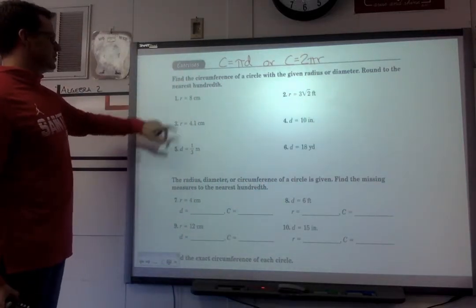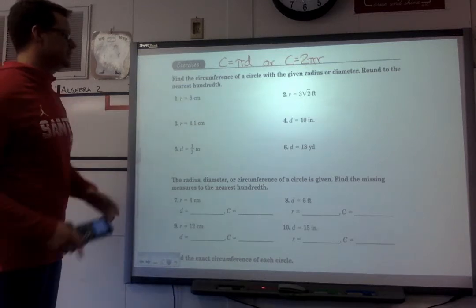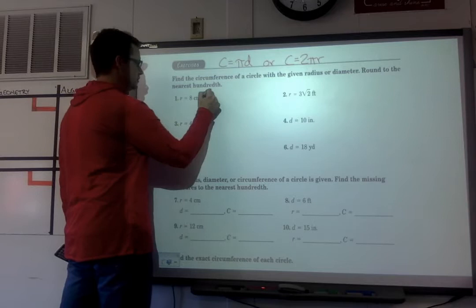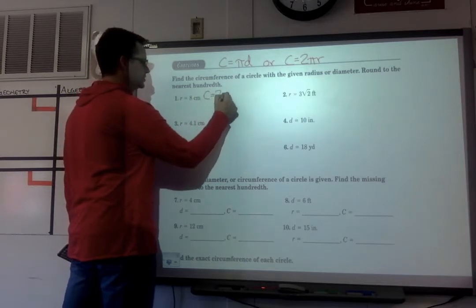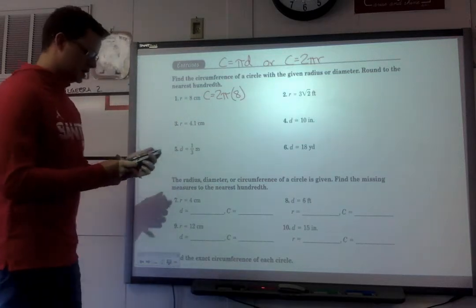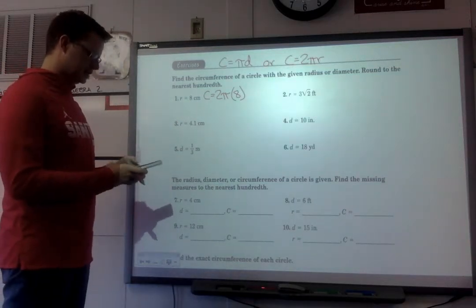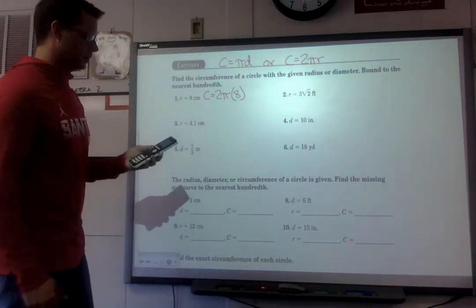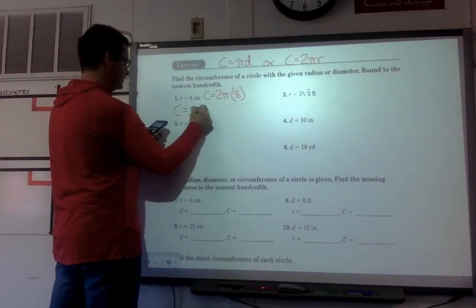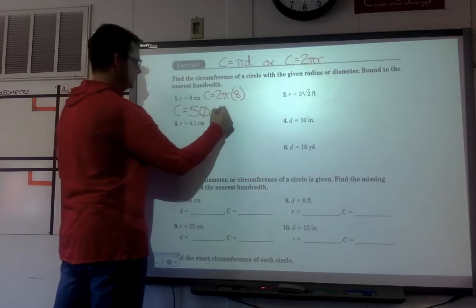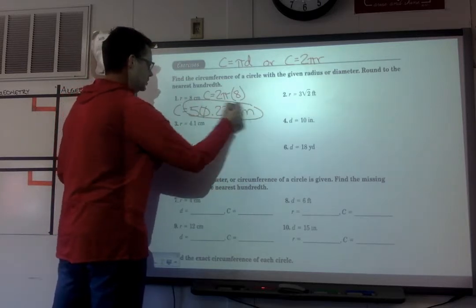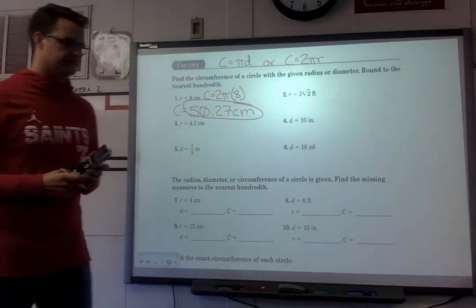If r, the radius, is 8 centimeters, then we would say the circumference is equal to 2 times pi times 8, which would be 16 times pi, which rounded to the nearest hundredth would be 50.27 centimeters.